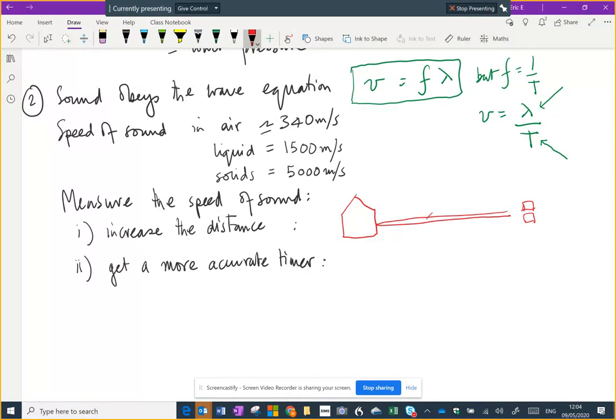And you can say, well, okay, I will time it going backwards and forwards 20 times. You adjust the banging rate until you're banging in time with the echo. And then you time 20 there and backs. So that's one way of increasing the distance. You could use echoes. Or get a more accurate timer.